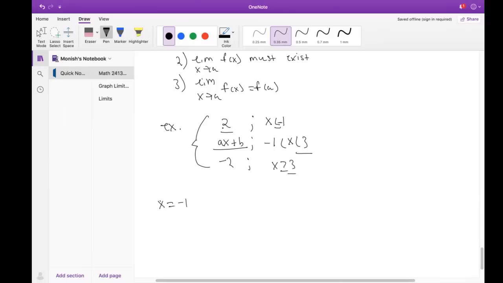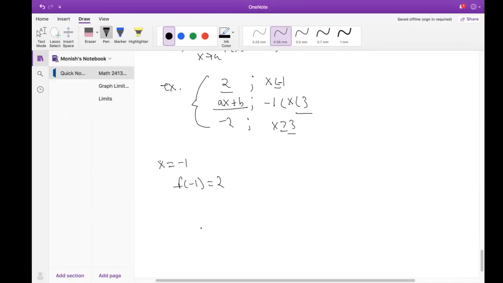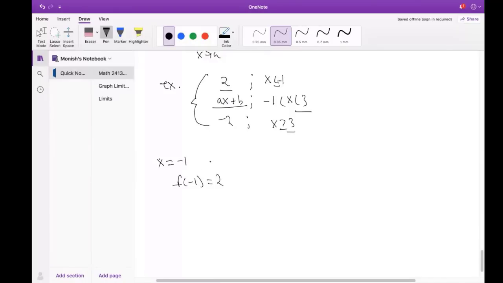So we know that based off of the less than or equal to, f of -1 is equal to 2. And the limit as x approaches -1 from the left would equal 2 as well.